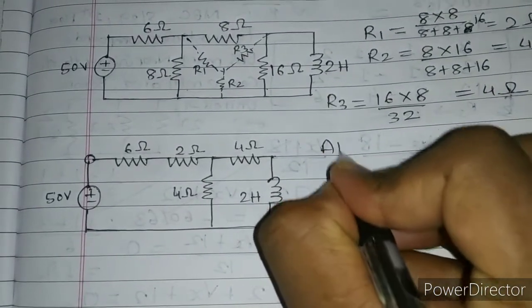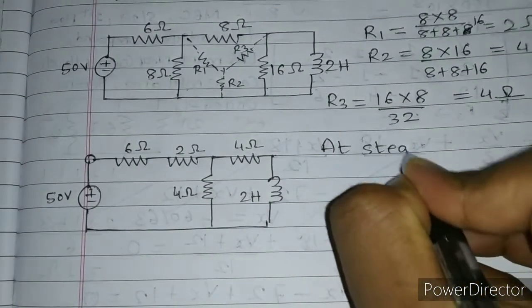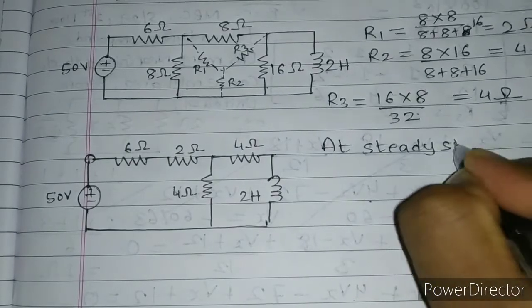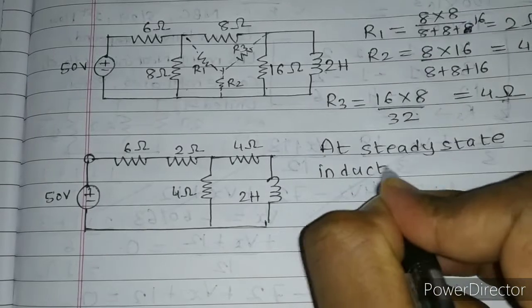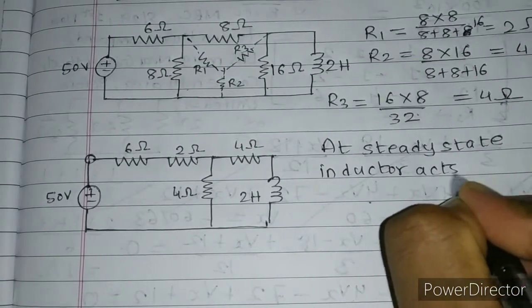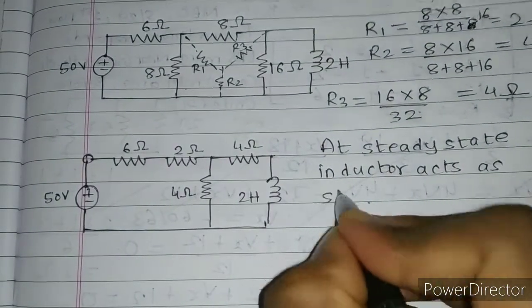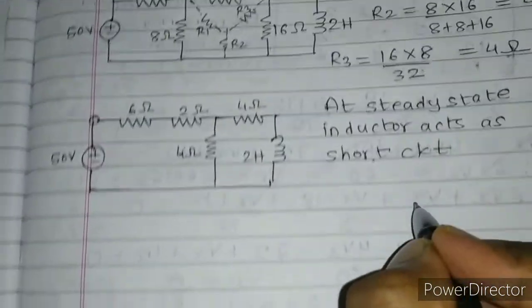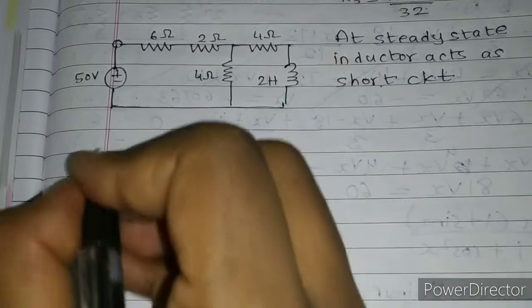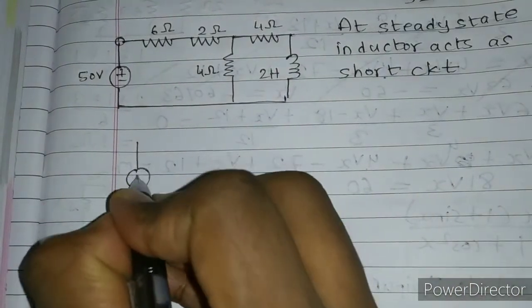Now we know at steady state an inductor acts as a short circuit. So now the circuit will be as shown.